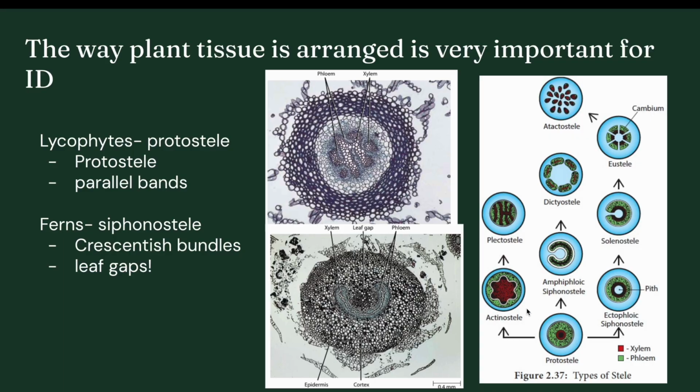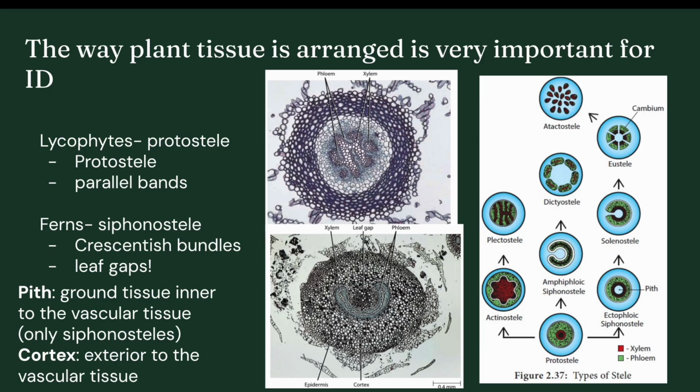And paleobotany, that field that studies fossilized plants, is able to use this kind of architecture in ancient plants, which can be preserved very well if petrified, to figure out that kind of stuff. So that's just something that I thought was cool.